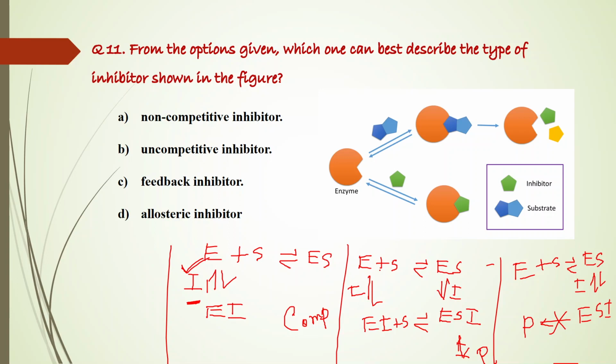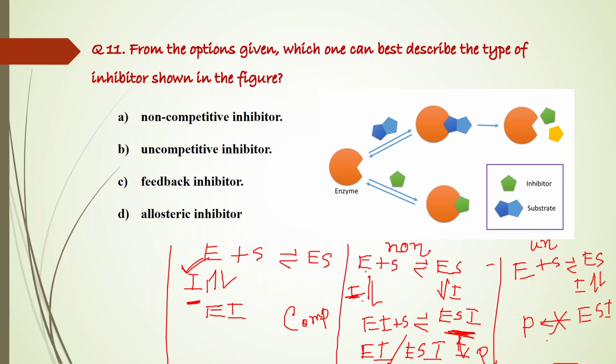But in the case of non-competitive inhibition, the inhibitor can either react with the enzyme or with the enzyme-substrate complex, but ultimately a ternary complex will be formed. So in non-competitive inhibition, EI or ESI both can be formed.